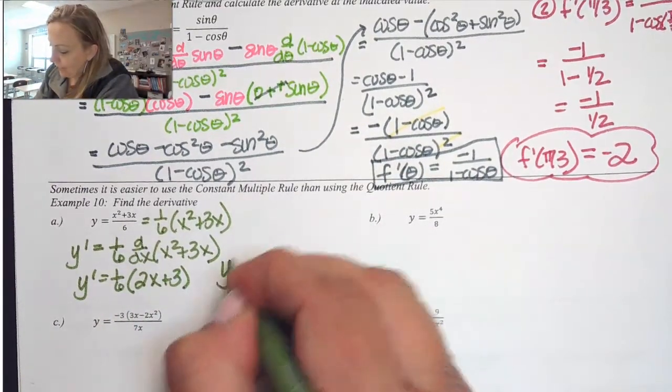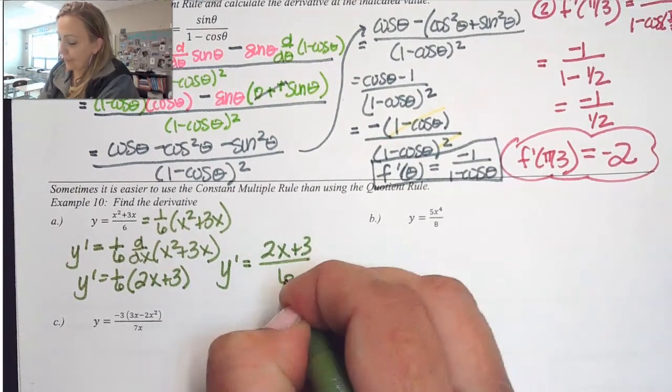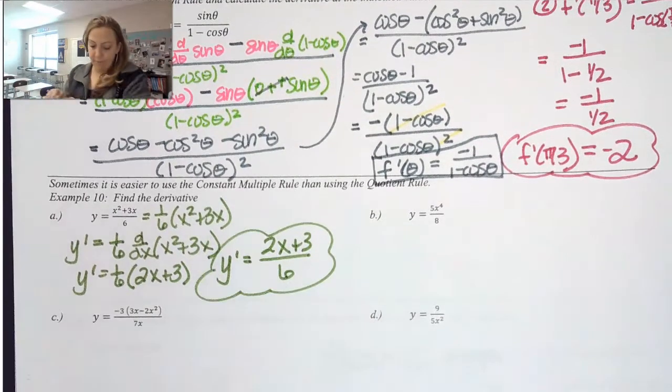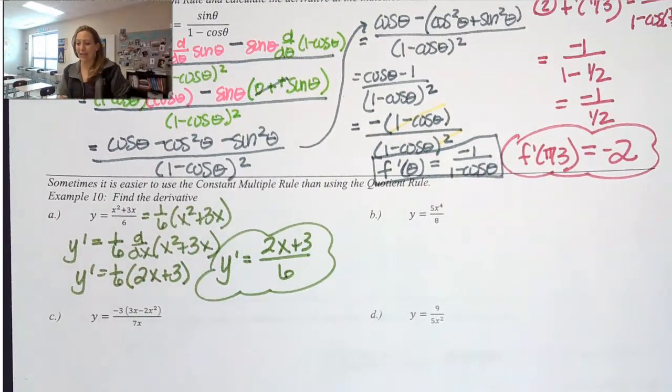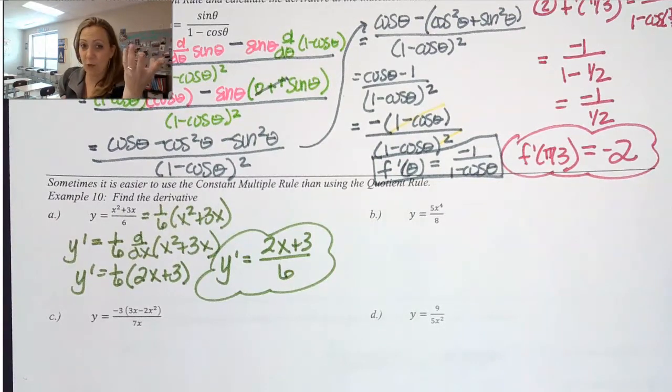So your y prime could be written as 2x plus 3 over 6. Maybe you ended up writing it as 1/3 x plus 1/2. That's equivalent. That's fine as well.